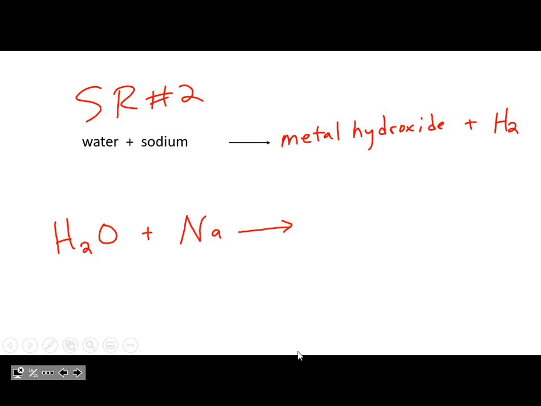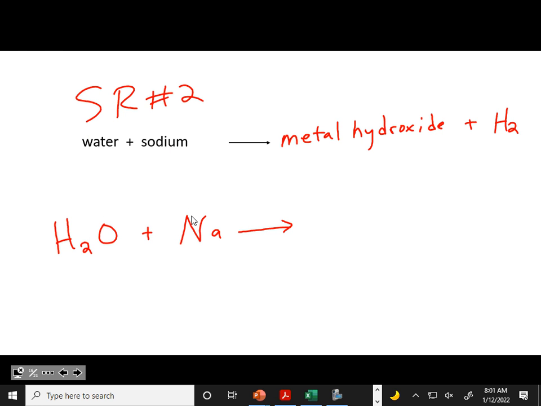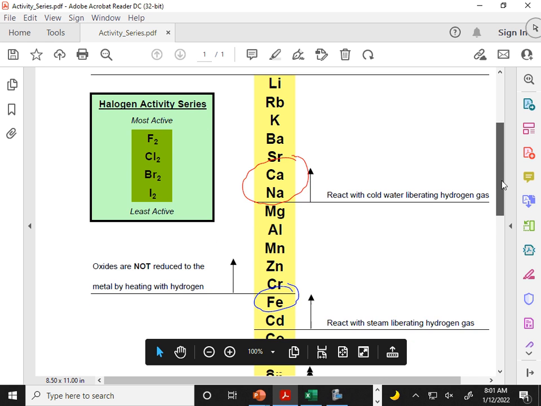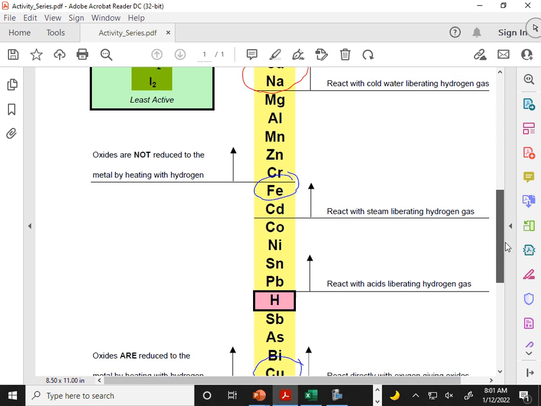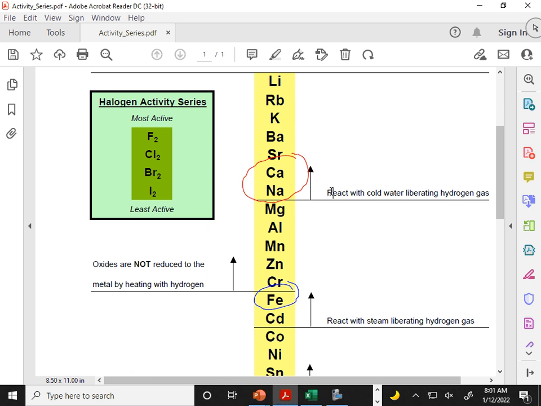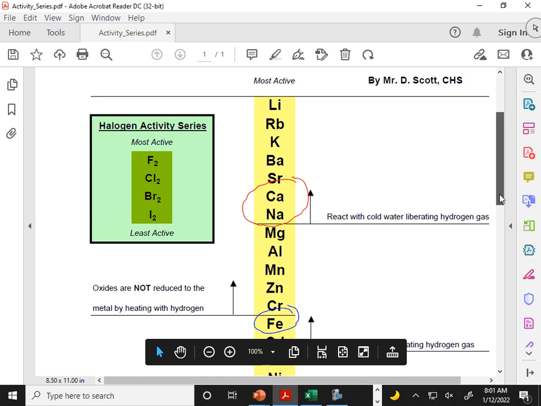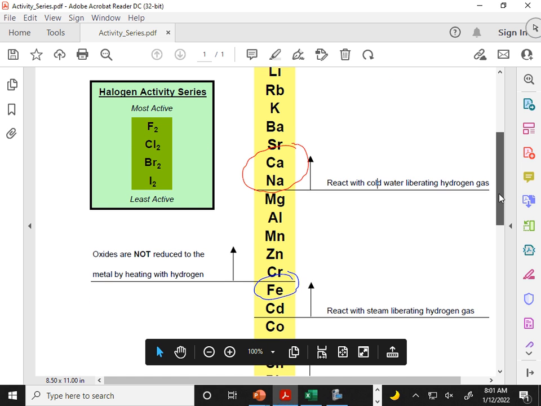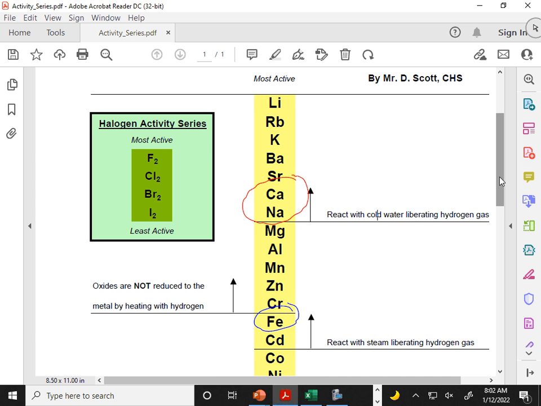Now I have water, and I can't assume that this is steam because it just says water. So I look at my activity series: this line reacts with cold water, liberating hydrogen gas. It's higher up than the line with steam down here. I was dealing with sodium, and sodium's above that line, correct?